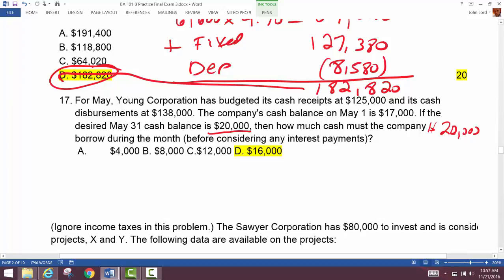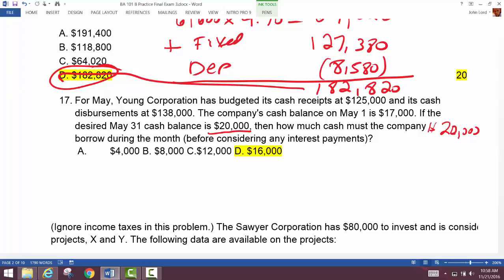I kind of stick that off there just so that you don't run into confusion. You start to try to plug it into the calculation, and to me that's when a lot of students make mistakes because they're trying to shove that into a calculation somewhere. I just put that, that's what I got to have, and if I don't have that, I'm going to have to borrow. If I have that much left or more, I'm not going to borrow anything, and the answer is going to be 0 to the question, right?